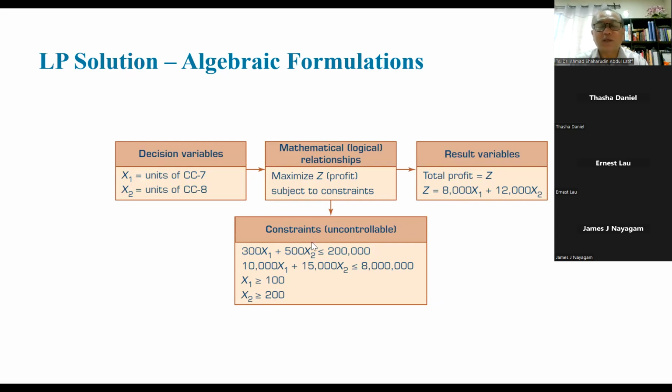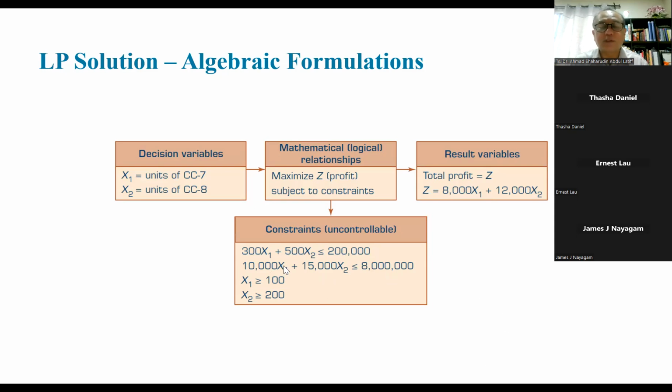So the constraint, or uncontrollable, is that the maximum number of hours is only 200,000. So 300 X1 plus 500 X2 is less than or equal to 200,000. And then the resources that you can buy in a month, the maximum is 8,000.